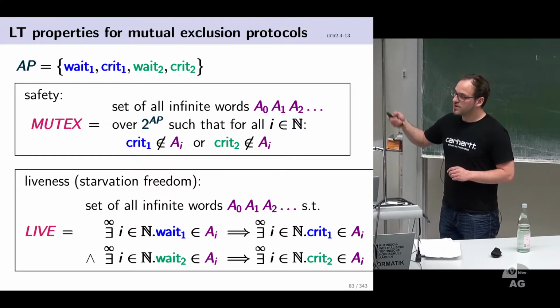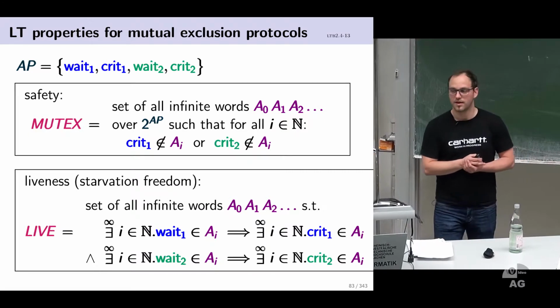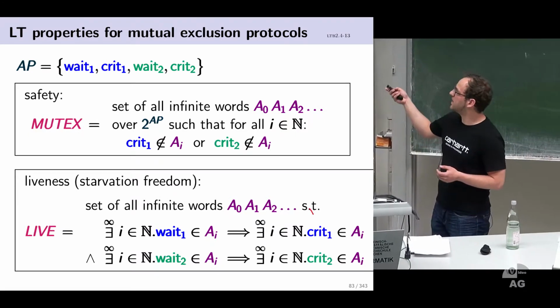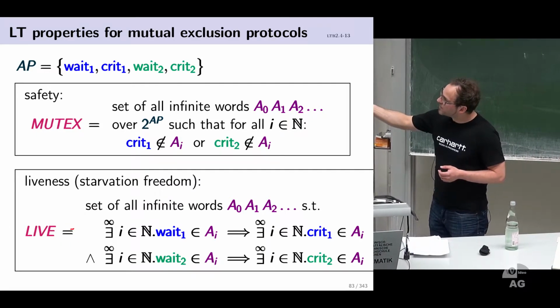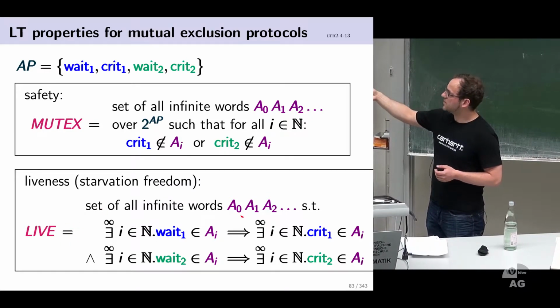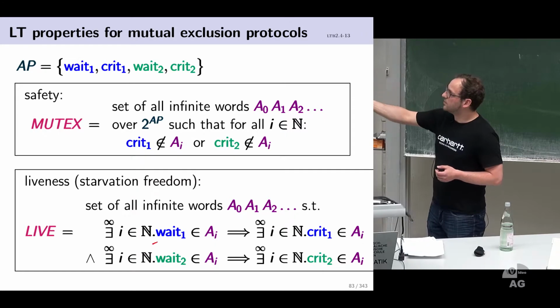Say we want to make sure that our mutual exclusion guarantees starvation freedom. What does that mean? We're going to formalize that in the property like this. It means, put in all the infinite words A0, A1, A2, and so on, into your property that satisfy the following criterion.